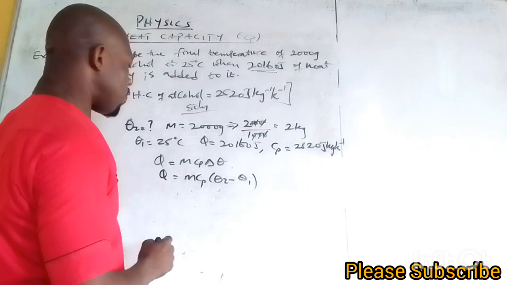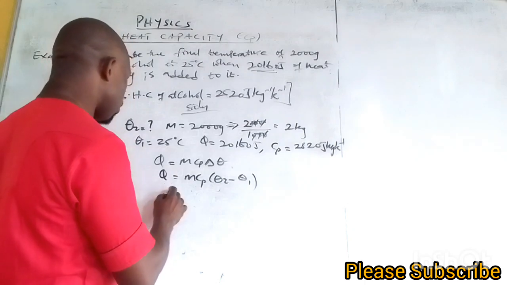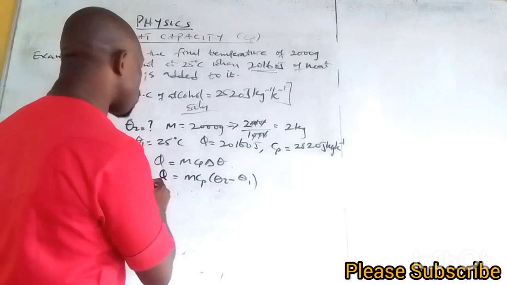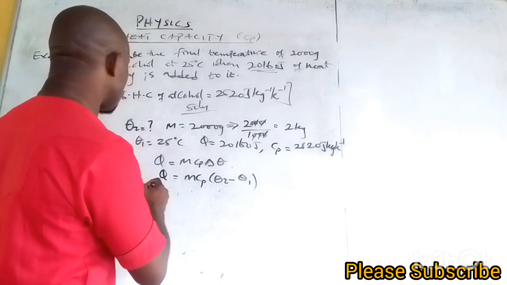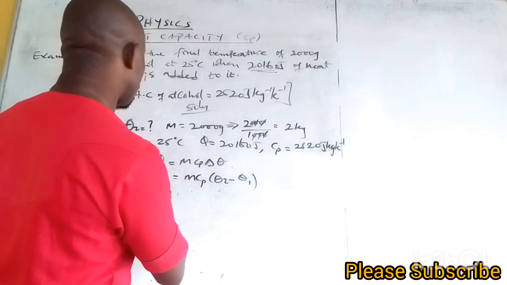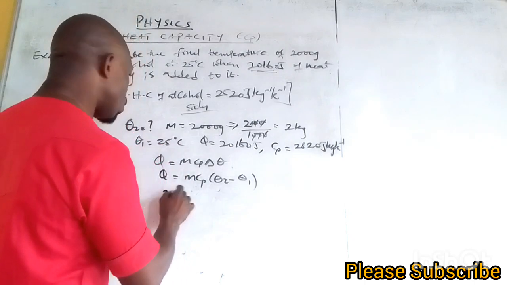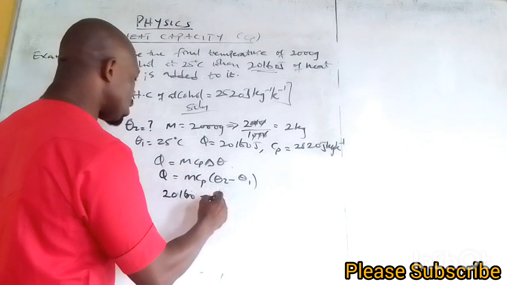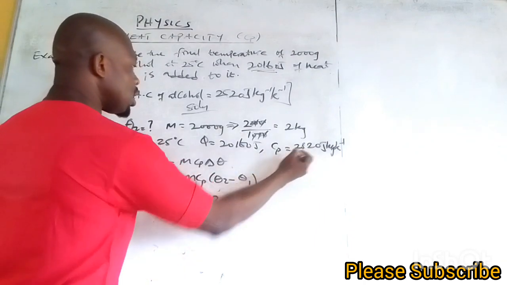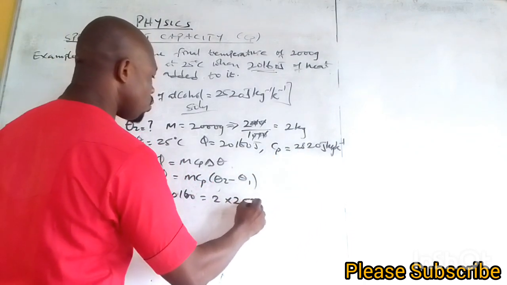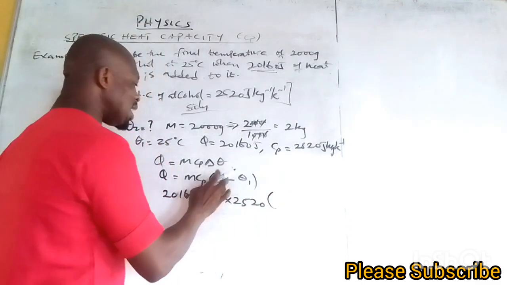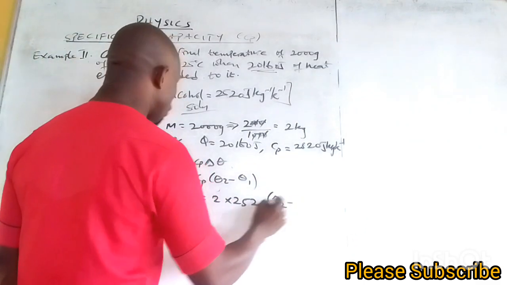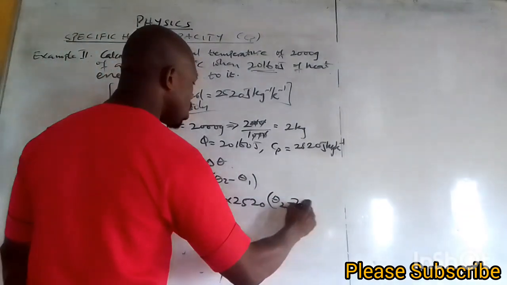So we substitute now. 20160 is equal to mass, which is 2, times specific heat capacity, which is 2520, into theta 2, which is what you are looking for, minus theta 1, which is 25.